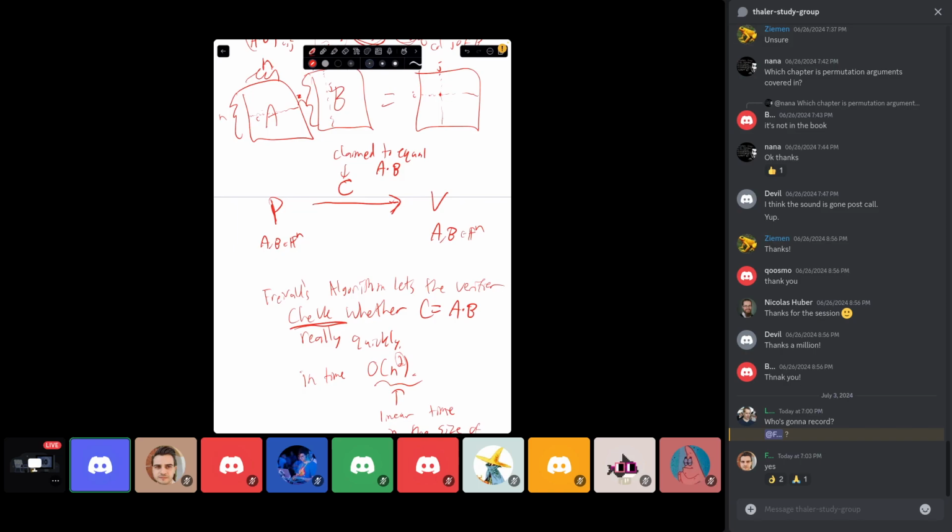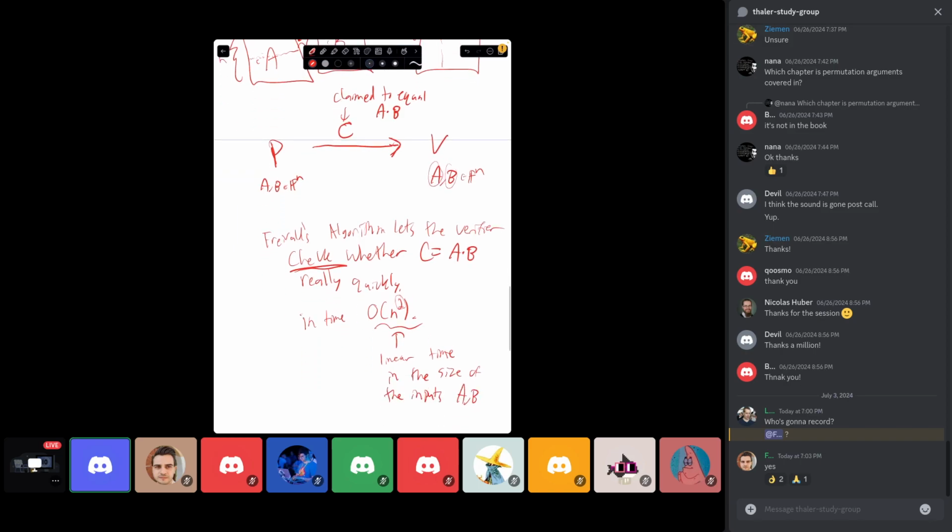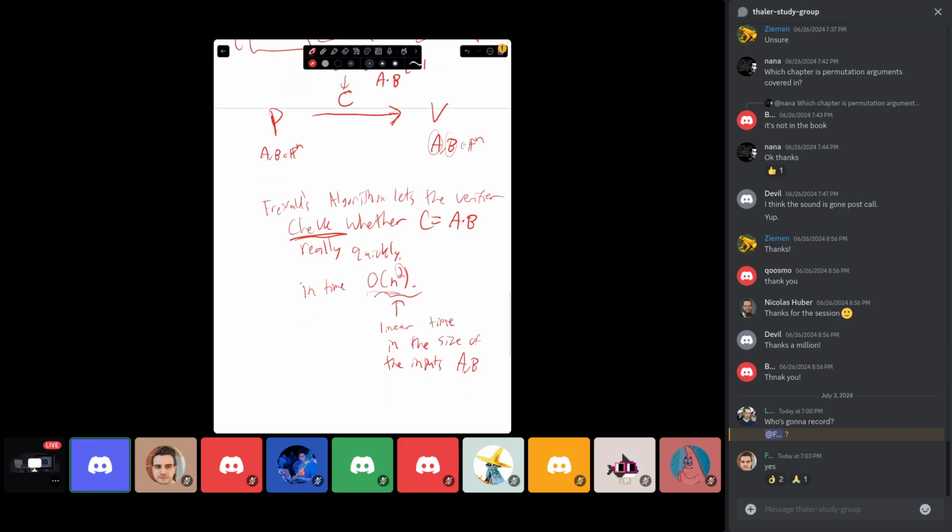So even reading the matrices A and B is going to take the verifier n squared time, just because A and B have size n squared. And so you really can't hope for the verifier to run in time less than n squared. And Freivald's algorithm lets the verifier run in time n squared up to a constant factor.